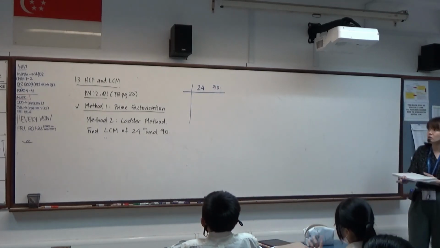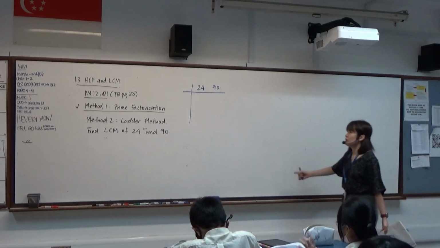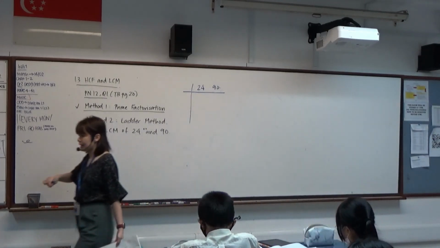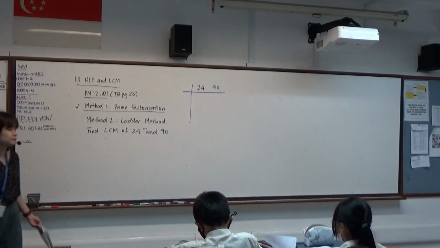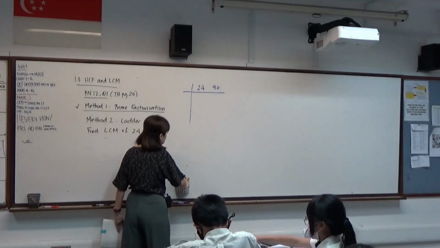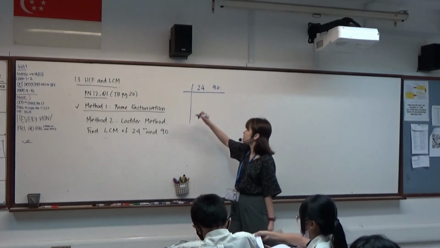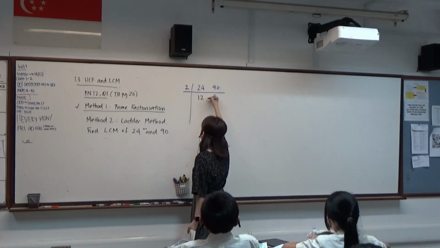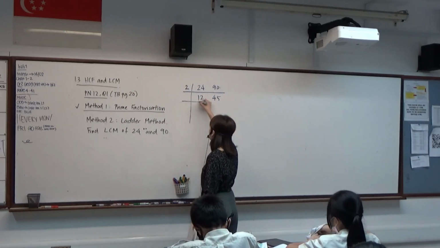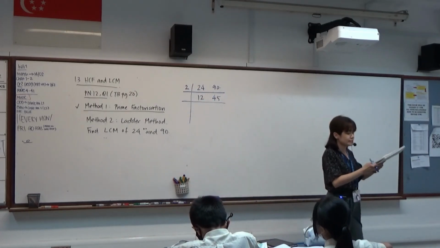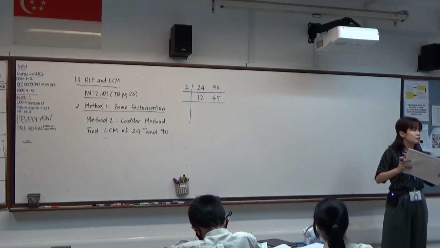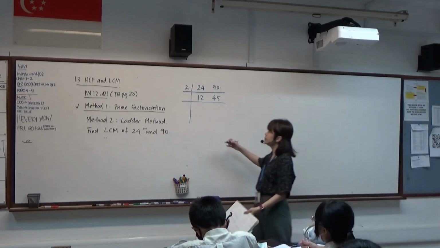So in our ladder, what is the first number that we'll divide by? 3? Is that the smallest number? 2. We also have 2, right? So we'll do 2, 12, 45. What is the next prime number to divide by? It will be 3.